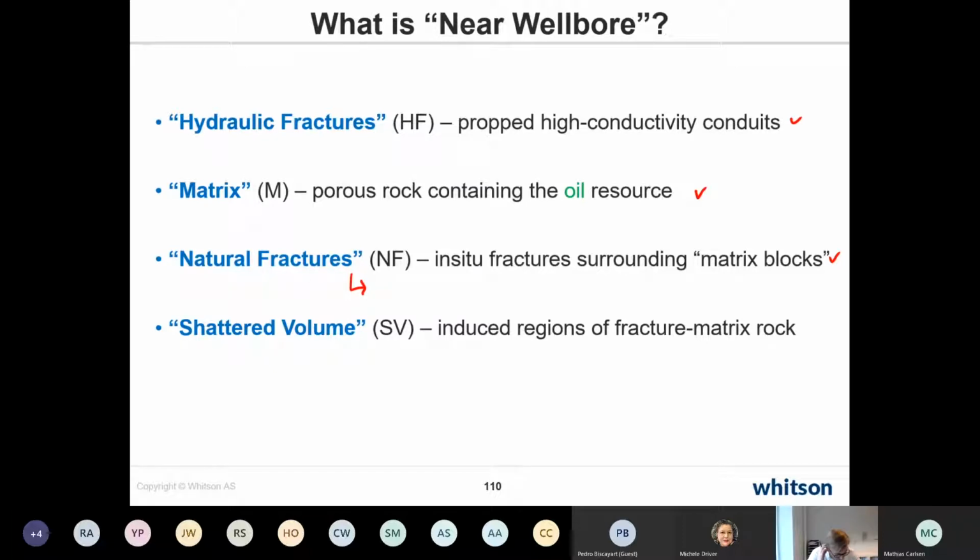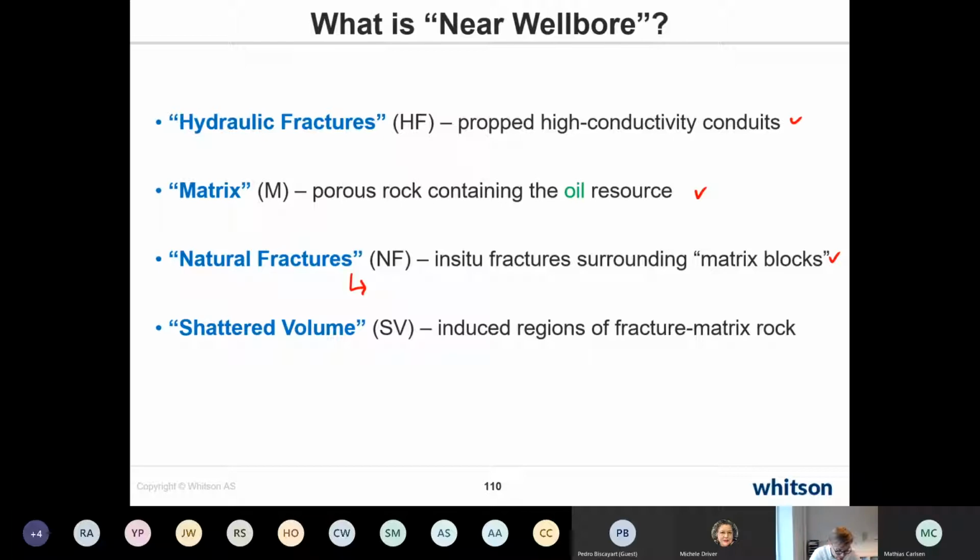After talking to these folks, they actually, after a couple of years, changed their mind and started to think that those 2 fractures they had characterized as natural were actually hydraulic fractures from a very far away completion job.